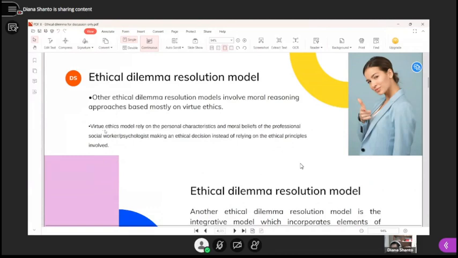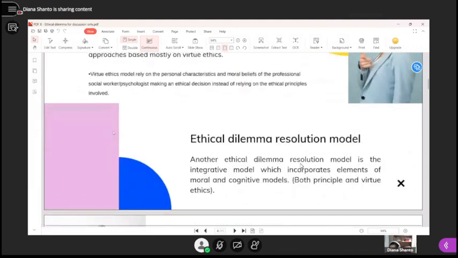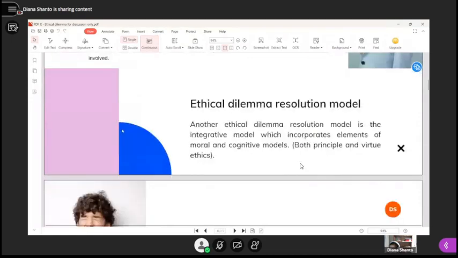C'était the personal characteristic moral beliefs of the social worker. What's the personal characteristics? Another way is the integrative model, which incorporates moral and cognitive.